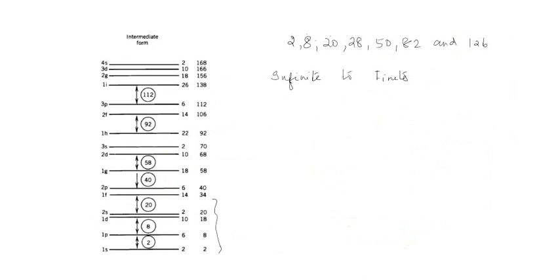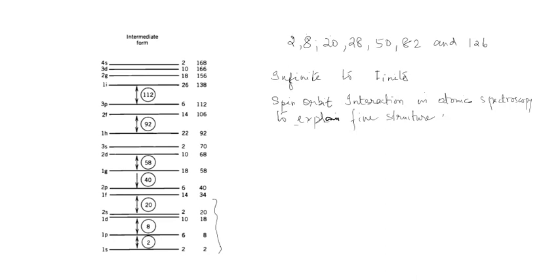I hope you remember that point. So to explain the fine structure of spectral lines, a concept called spin orbit interaction was proposed in atomic spectroscopy.